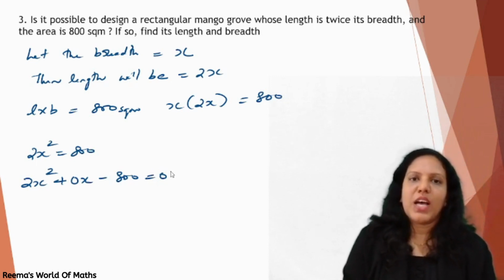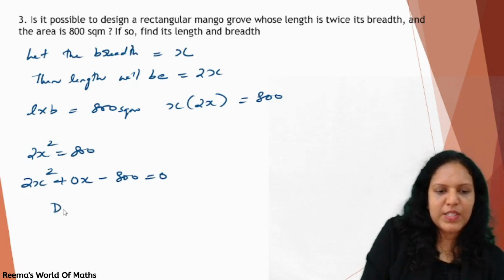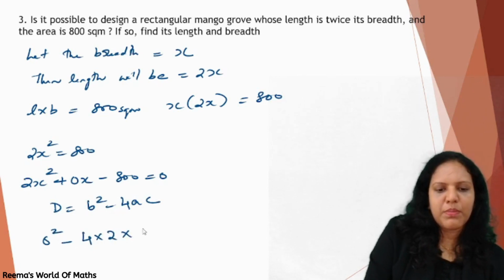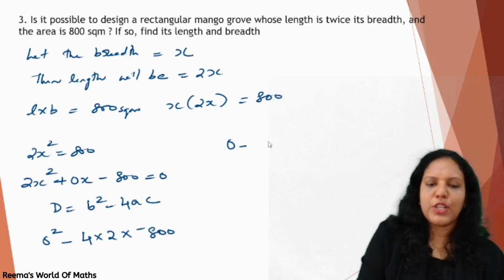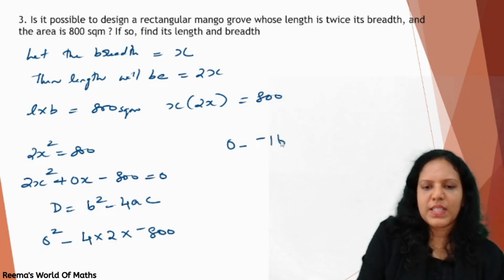Now let's find the discriminant: D equals b squared minus 4ac, which is 0 squared minus 4 multiplied by 2 multiplied by minus 800. 0 squared is 0, minus 4 into 2 into 800, that is minus minus 6400. So D equals 6400.